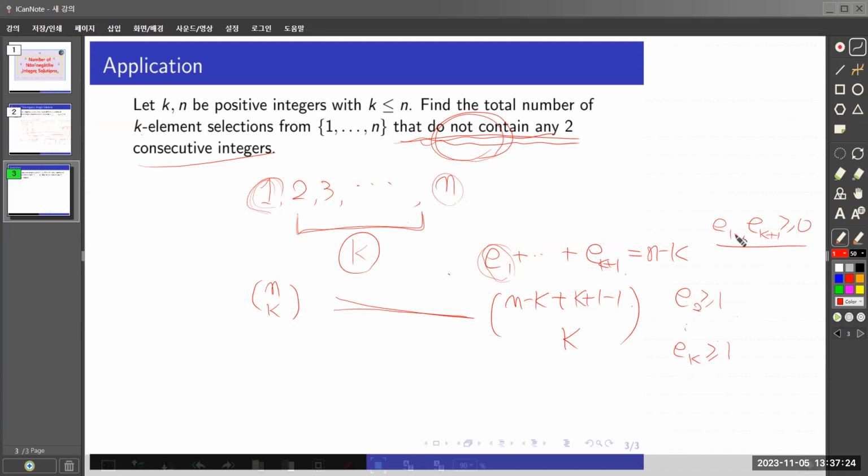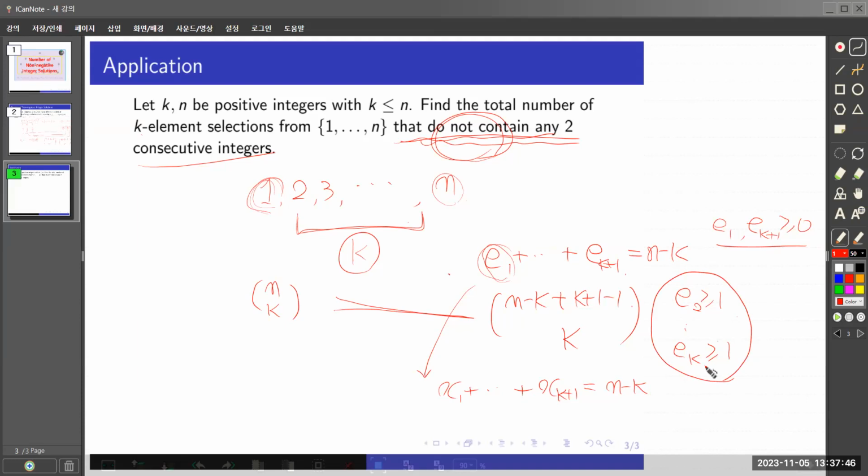Because you can choose n in a k-element selection, e sub k plus 1 can also possibly be 0. If you set it up like this, you can translate this to x sub 1 plus up to x sub k plus 1 is equal to n minus k, because of this constraint.